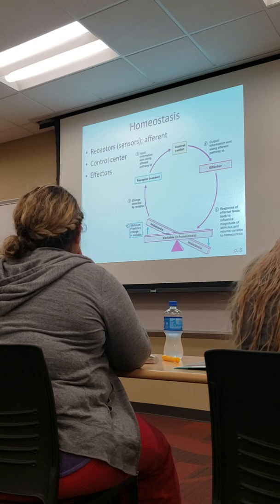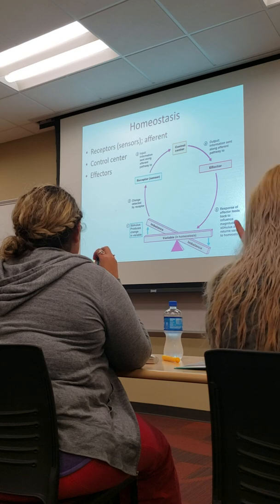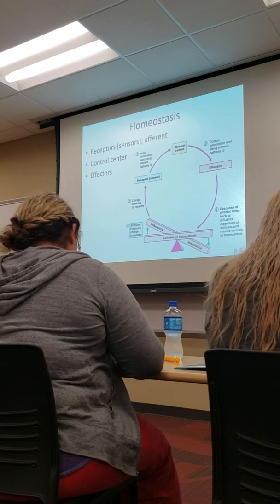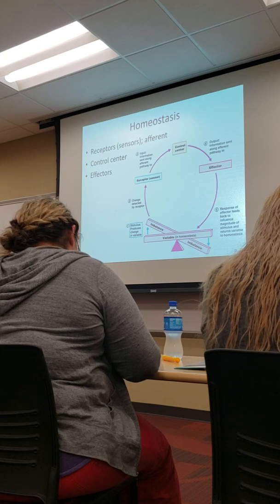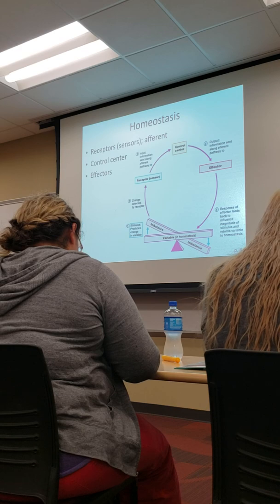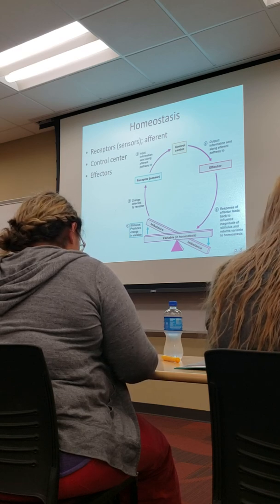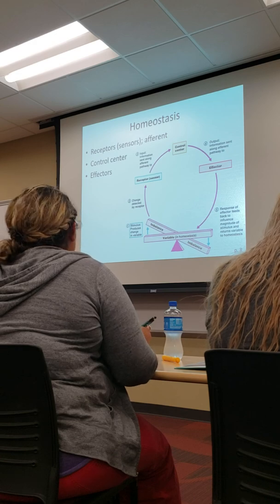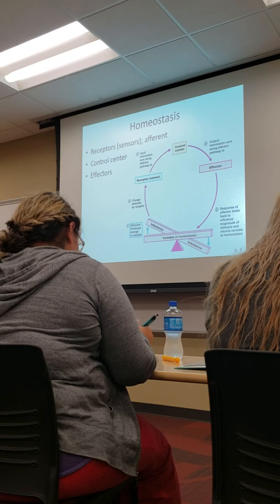I mentioned being hot or cold. With respect to homeostasis, we detect some sort of sensation in our external environment. And that is detected by our receptors or sensors. And as we continue on through, you're going to hear me saying the word afferent, and it's not up here, but efferent a lot.